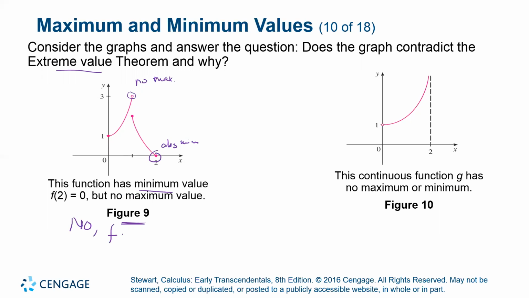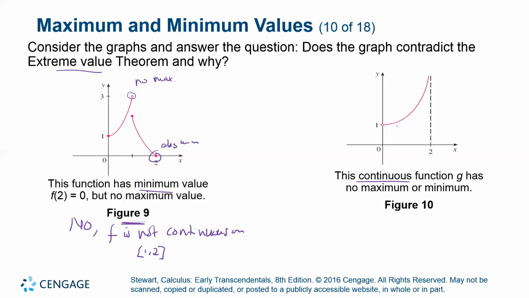Because the function is not continuous on the interval, in this case the interval [1, 2]. Now the second one, we know that it is continuous, so the hypothesis on the function is satisfied.